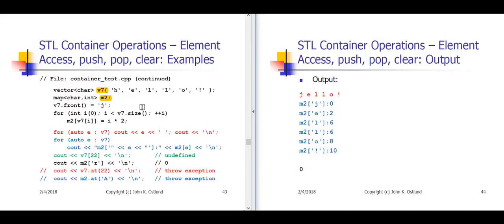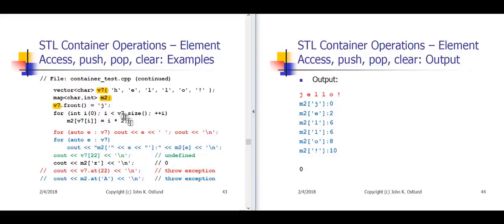And M2 is empty currently. If I say v7.front, what I get back is a reference to the first element in v7, and I can use that reference and assign a value to that referred to char. So what's going to happen here is that the little h will be replaced with little j.